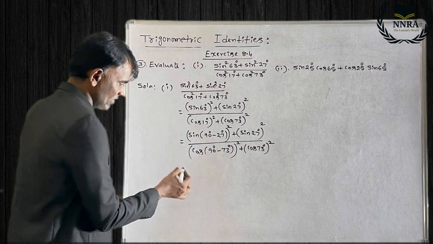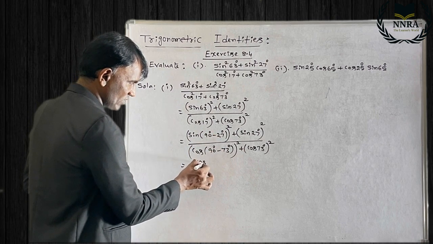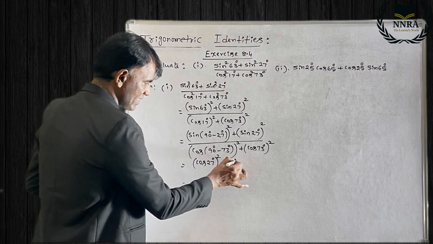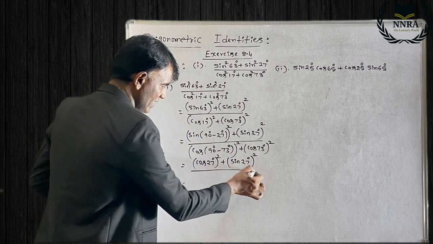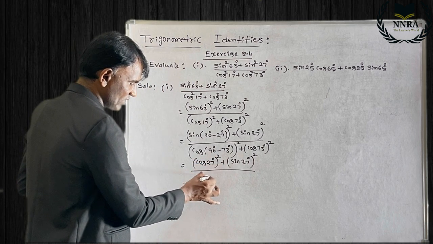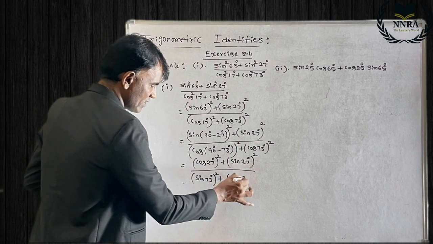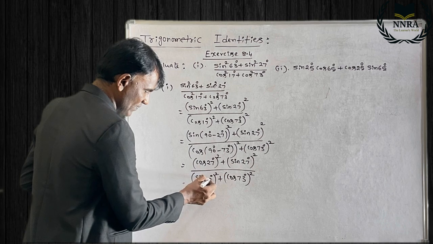power 2. So sin of 90 minus a equal to cos a. So it is cos 27 degrees whole square plus sin 27 degrees whole square, divided by cos of 90 minus a, sin a. So sin 73 degrees whole square plus cos 73 degrees whole square. It is 73. Clear?